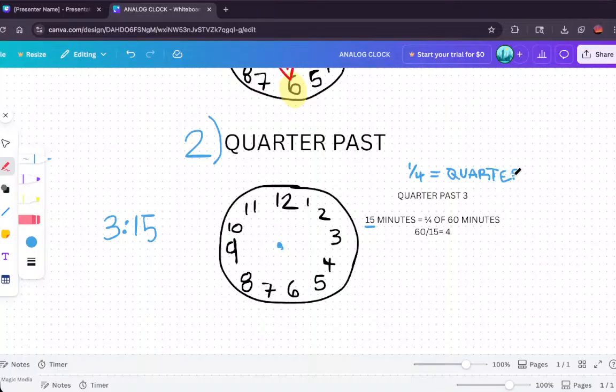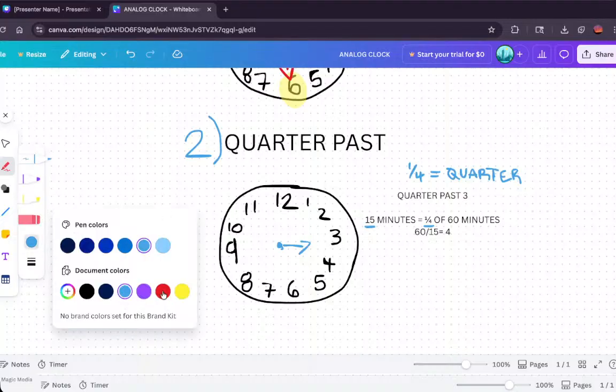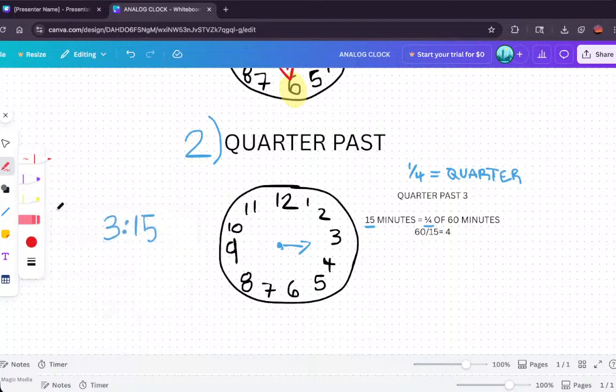So the hour hand will be slightly in between 3 and 4. And then we said red and 15. 15 will be at exactly 3. They'll be really close together. So this is the second phrase, quarter past.